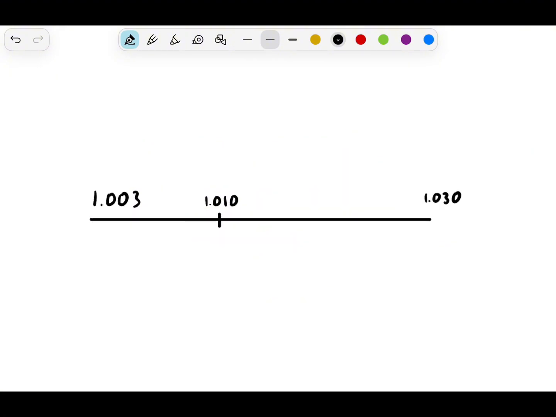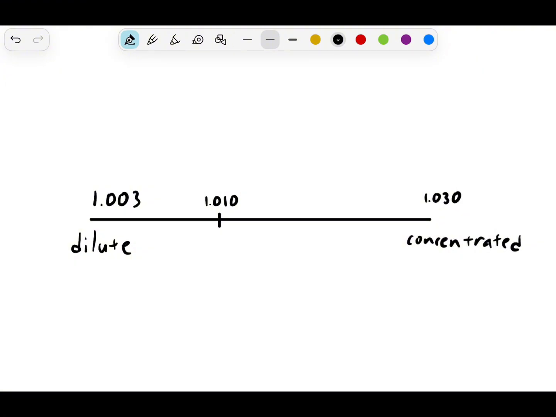All right, so here is a range of the values that you may see on a specific gravity. On the left here, this 1.003 will represent dilute urine. And on the far right, this 1.030 will represent concentrated urine. If we think about that ratio that I mentioned before, this makes sense.